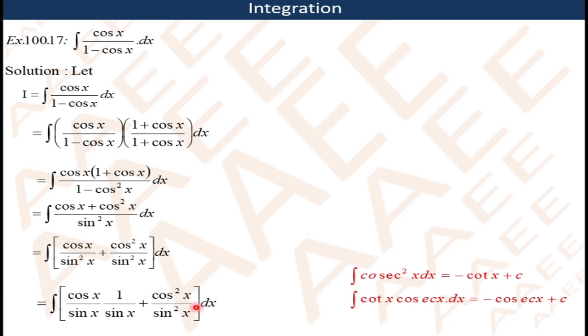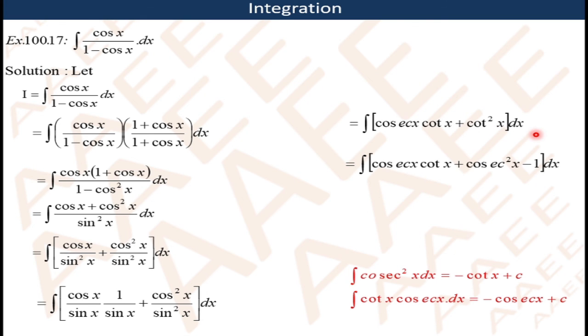And for this term you can write cot square x, and cot square x can be transformed into cosec square x minus 1, and you will get the required integral. Hence this will be the integration cosec x into cot of x plus cot square x dx, and that will be the integration cosec of x into cot of x plus cosec square x minus 1.